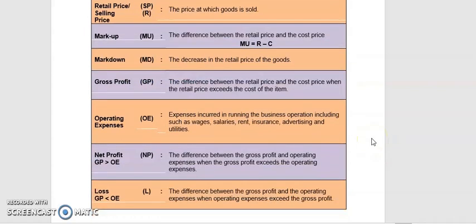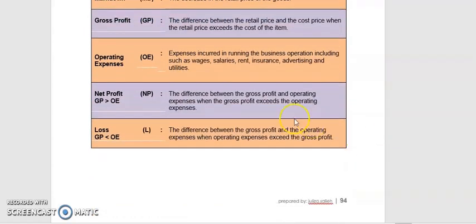Next, operating expenses. What is operating expenses? It is expenses that are incurred in running the business operation, such as wages, salaries, rent, insurance, advertising, and utilities.